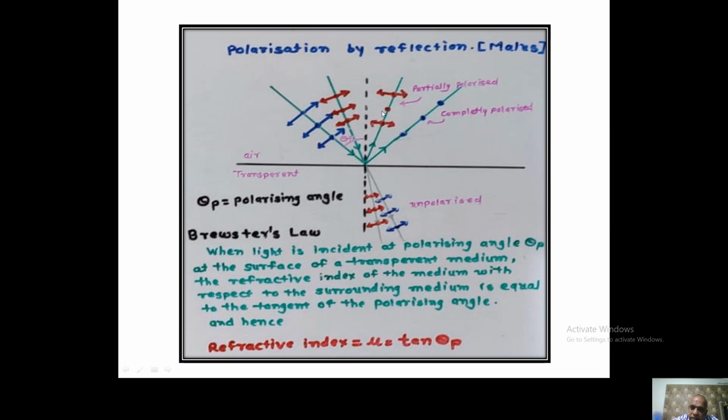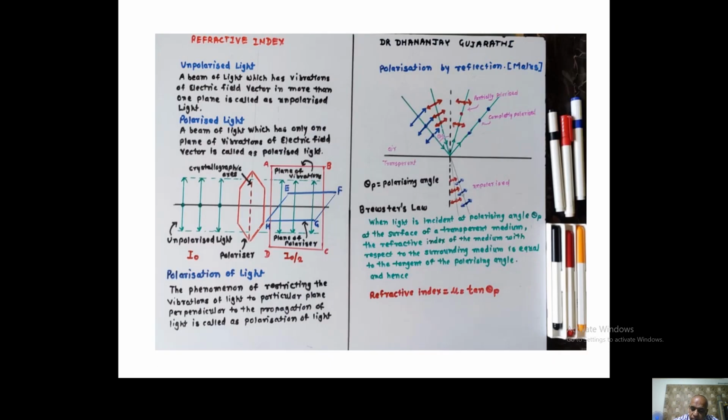That means at a particular angle here, if the incident light is unpolarized, then the reflected light is partially polarized, and the refracted light is partially polarized.